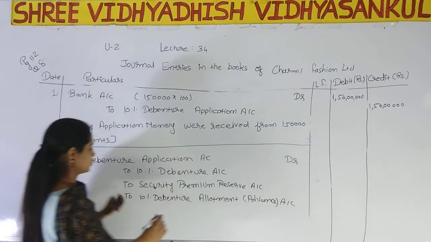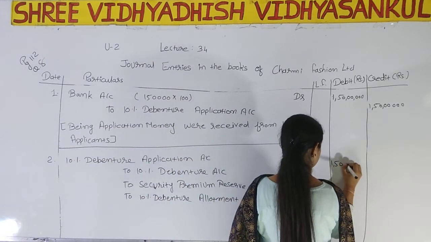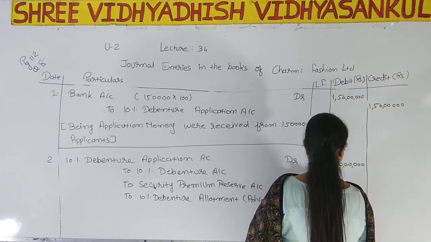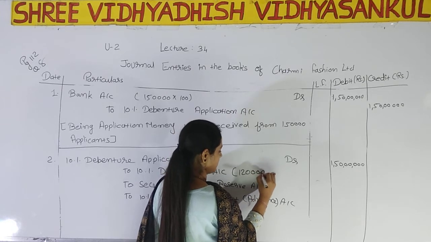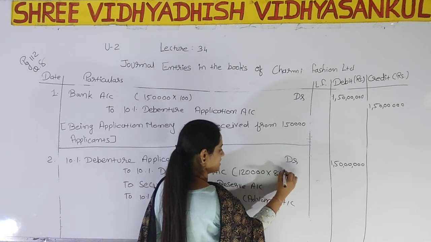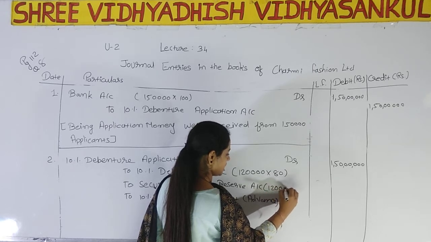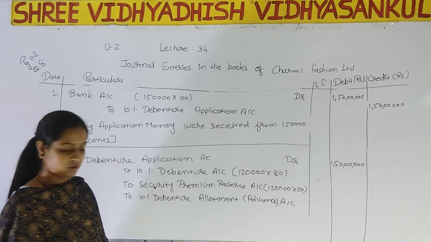Allotment account, as advance, right? So in application we have to write 1 crore 50 lakh. Out of this we are accepting only 1,20,000 applications into 80 rupees of debenture and 1,20,000 into 20 rupees of premium, right?